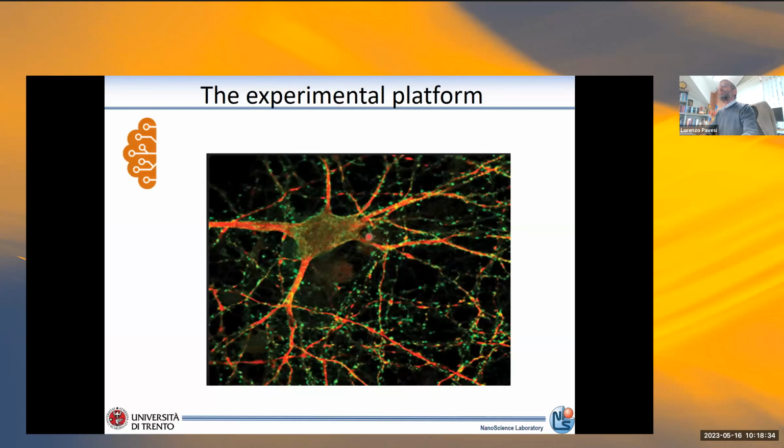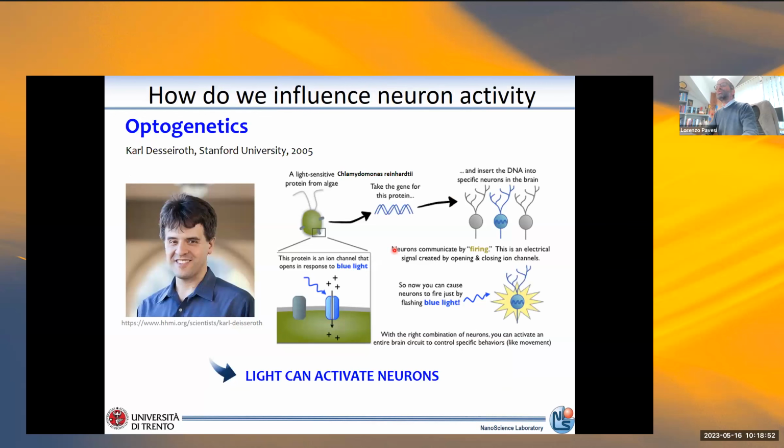And so in this case, the platform is a living culture of neurons. These are the neurons, and here you see all the different processes of the neurons. The way we influence the neuronal activity using light is optogenetics.